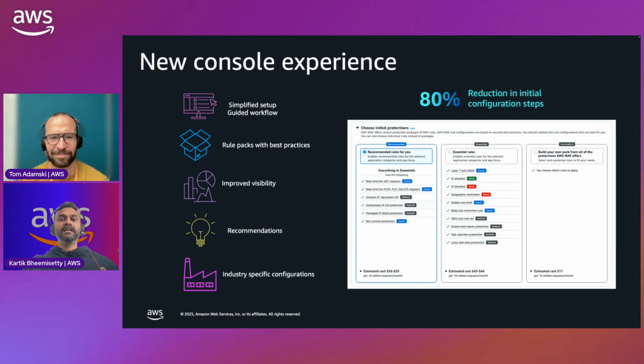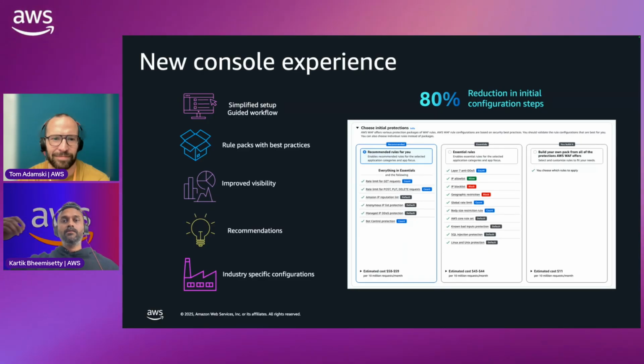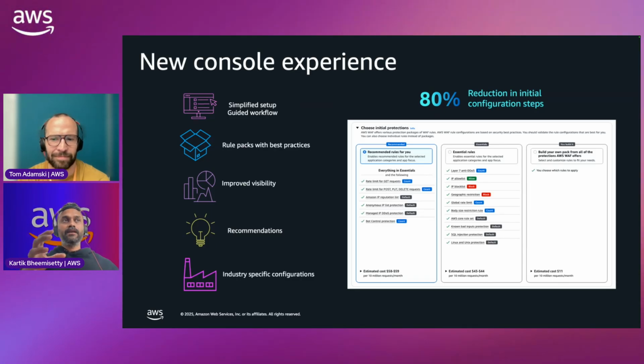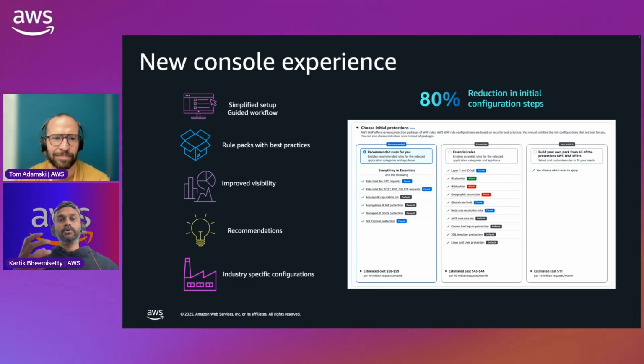So last year we launched something called the new console experience. It's a very simplified way of configuring AWS WAF. Prior to this, users had to understand what a web ACL is, create a rule, create rule zero, understand the priority order, rule one, rule two, rule three, and define them manually. Now, with simplified guided setup and workflows, it provides different options for you to select a particular industry, gives you the different rules that you want to start with, and also gives you a price estimate.